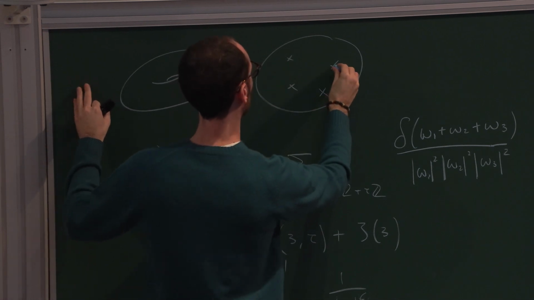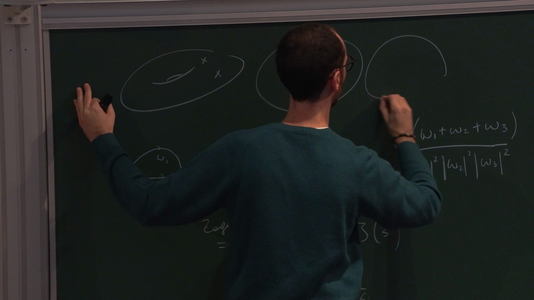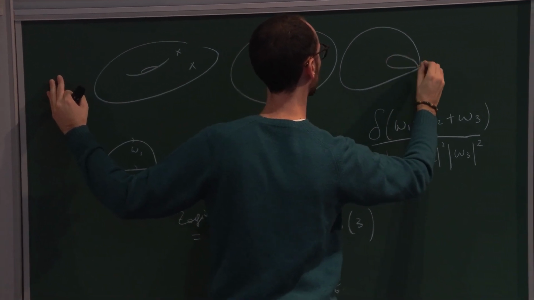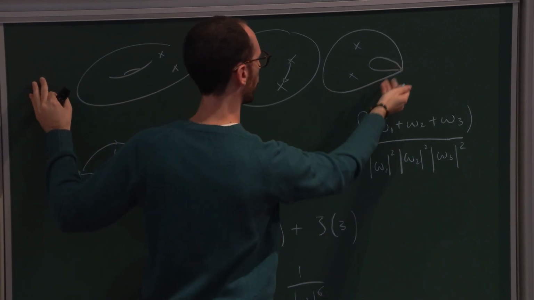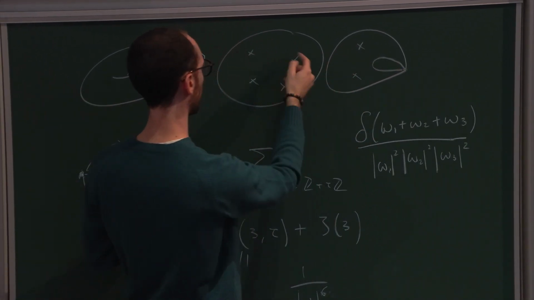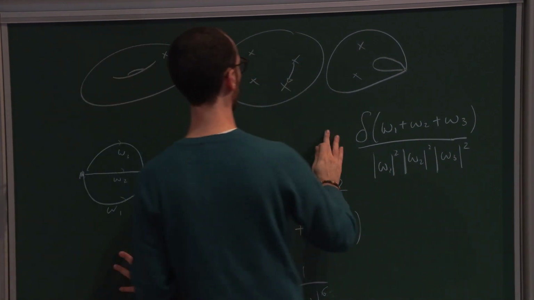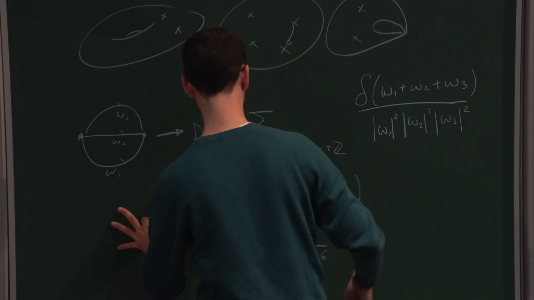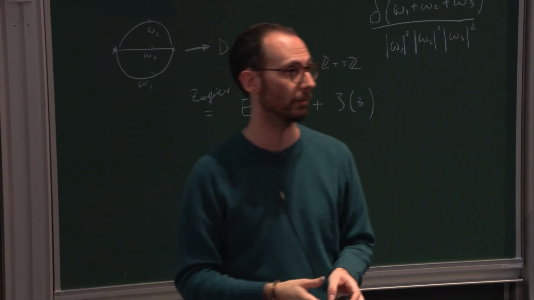So if you degenerate this singularity to this, then you will get this picture here with just 2 points. So this would be some genus 1 degenerate curve with 2 marked points, and it comes from a genus 0 with 4 marked points. So that's the picture you should have in mind. But then formalizing this operation mathematically is not easy, and so it's difficult to prove this kind of statement.